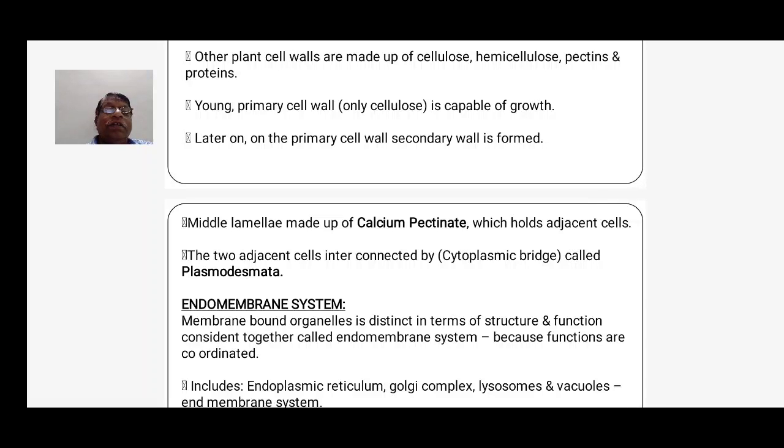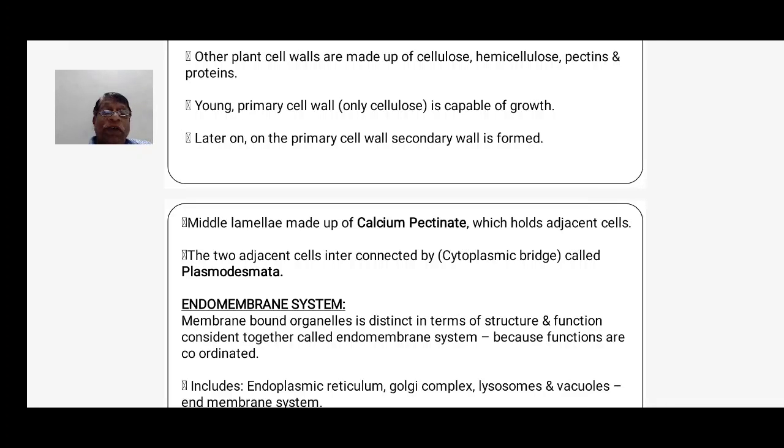That is calcium pectinate. It is nothing but the middle lamella. Okay. The two adjacent cells, especially the young cells, are interconnected by cytoplasmic bridges.